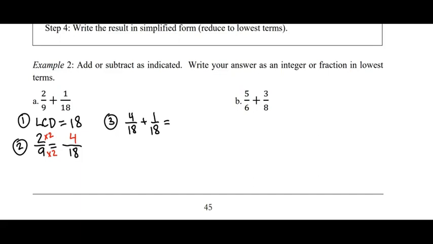I know how to do that. We've already mastered that in lesson 4.4, so that would be 5 over 18. And just double check for your step number 4 if we need to reduce it to lowest terms. 5 is a prime number, and the only way we would reduce 5 over 18 is if instead of 18 we had 10, 15, 20, or multiples of 5. So there's nothing to be done here. The correct answer is 5 over 18.